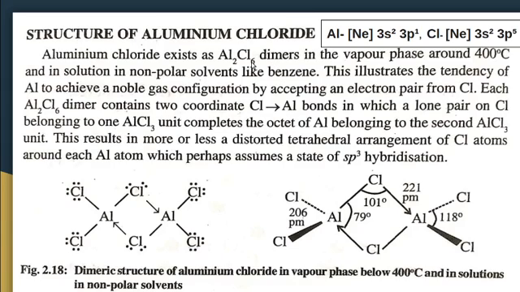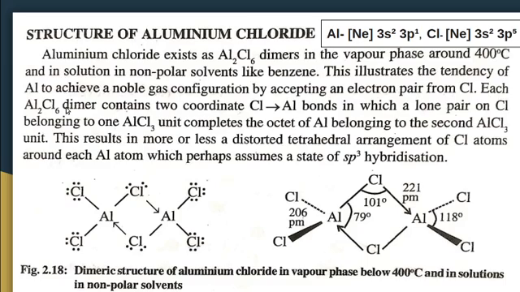So usually aluminium chloride has the formula AlCl3, but it can exist as the dimer Al2Cl6 in the vapor phase around 400 degrees Celsius, and also when we use nonpolar solvents like benzene. This illustrates the tendency of aluminium to achieve a noble gas configuration by accepting an electron pair from chlorine.